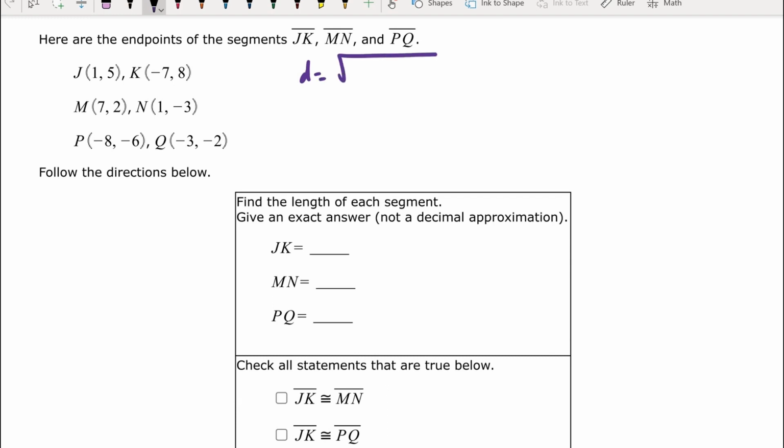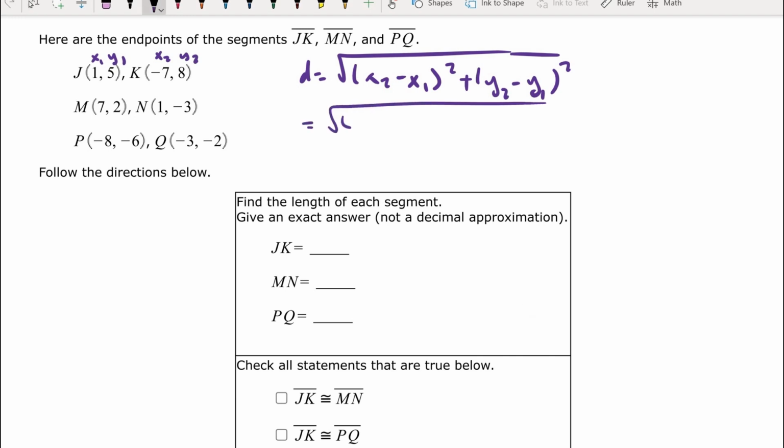D equals the square root of x2 minus x1 squared plus y2 minus y1 squared. So the first point is x1, y1, then x2, y2. So we're going to plug it in. This problem requires you to pay attention to the numbers. Make sure you plug things in the right place and do the right calculation.